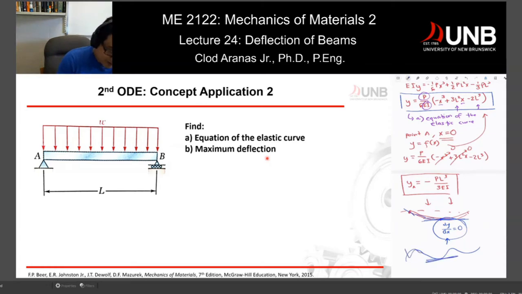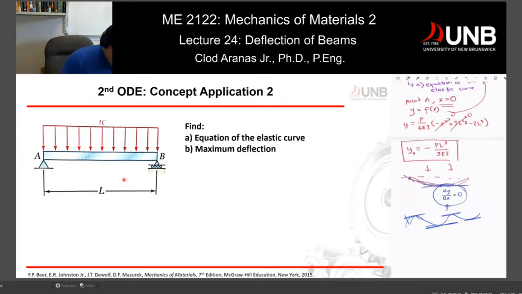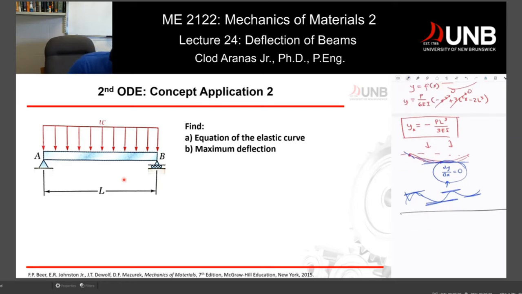Here the slope is 0, there the slope is 0, so you have 4 different points where the slope is equal to 0. But for this particular problem, you can easily imagine that this beam could deflect this way because of that load, and your maximum deflection is somewhere in the middle, for example. So now let's solve this particular problem. Okay, so problem 2.